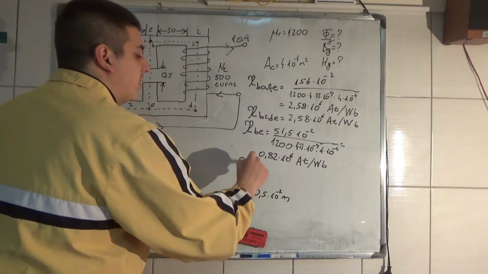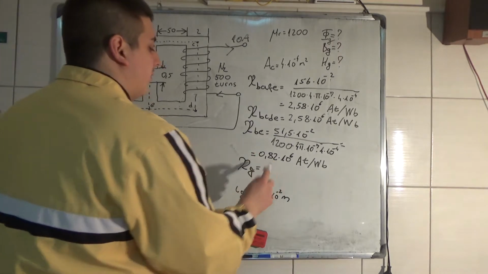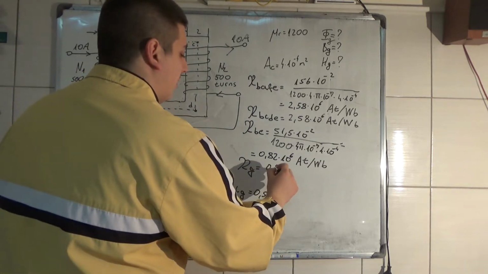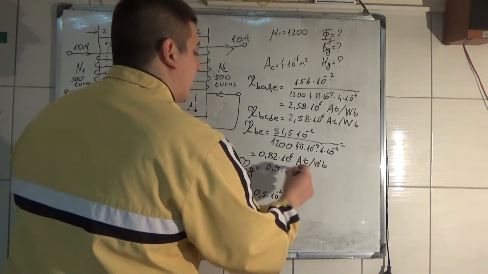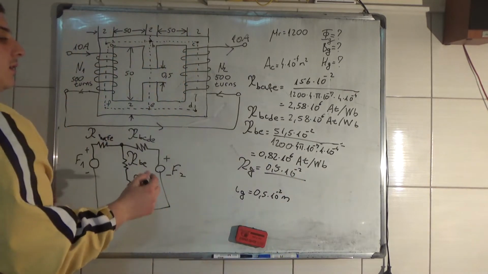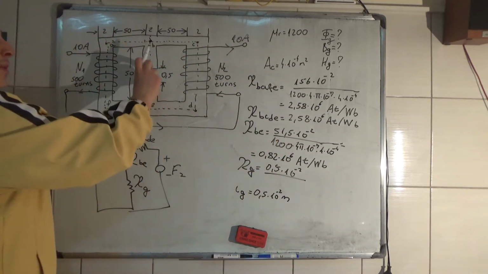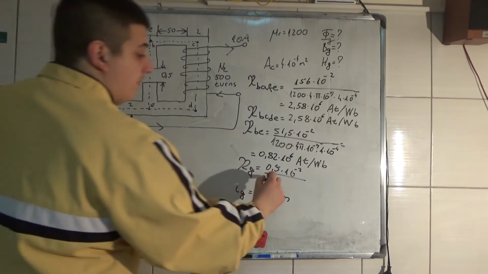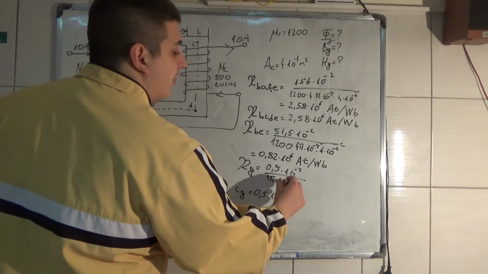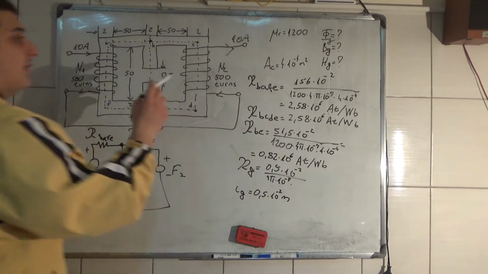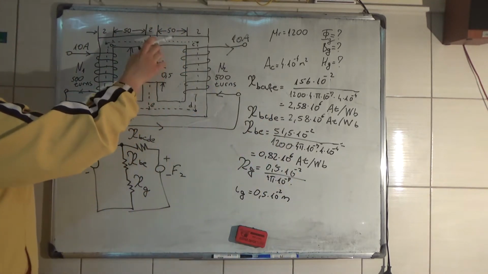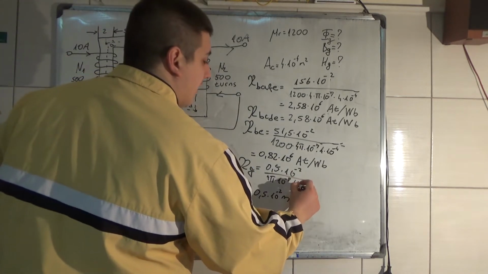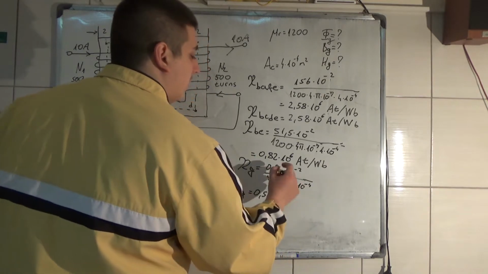And the reluctance of the air gap is equal to the length of the air gap, 0.5 times 10 to the minus 2, divided by the permeability of the air gap, which is just mu 0, 4 pi 10 to the minus 7, times the area of the air gap, which is the same as the area of the core, 4 times 10 to the minus 4.